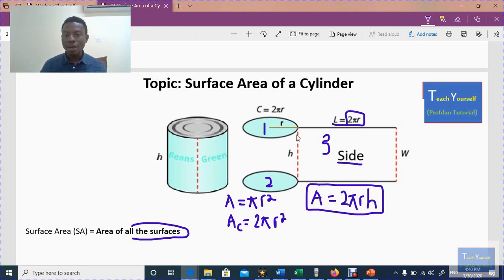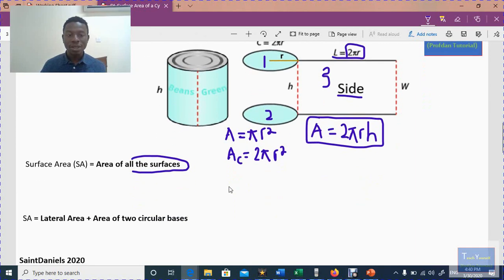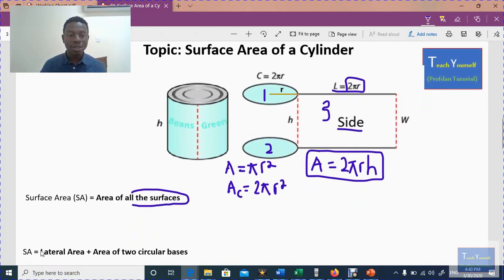And the area of the curved part, or the lateral side of the cylinder, is 2 pi r h. What then will be the total surface area? The total surface area of the cylinder is therefore the lateral area, which is this, plus the area of the two circular bases, which is 2 pi r squared.